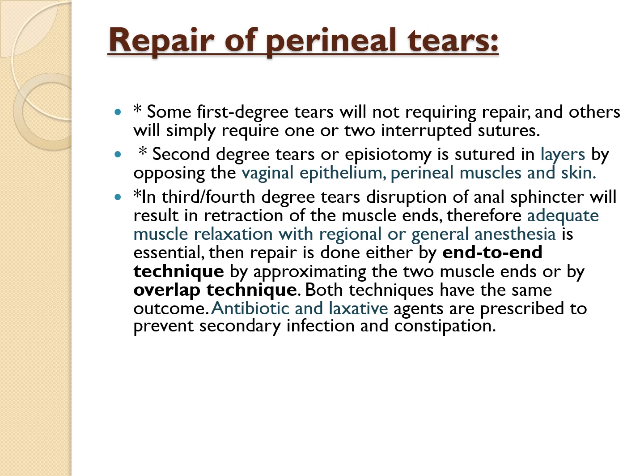The repair is done either by the end-to-end technique, approximating the two muscle ends, or by the overlap technique. Both techniques have the same outcome. Antibiotic and laxative agents are prescribed to prevent secondary infection and constipation.